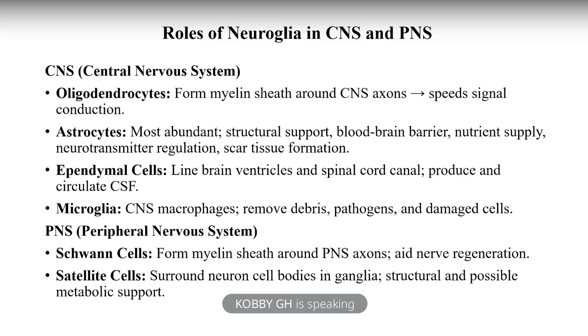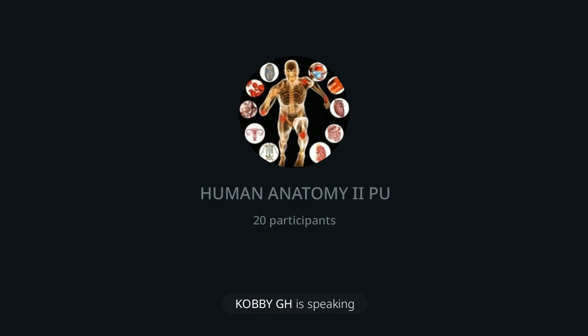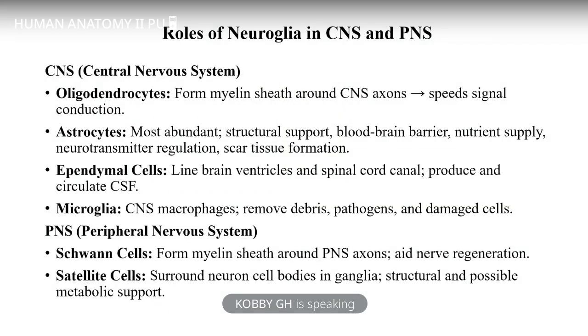Again, we also spoke about the ependymal cells, and we mentioned that when it comes to cerebrospinal fluid circulating in the brain and spinal cord, the ependymal cells play a massive role. And those responsible for removing debris, pathogens, and damaged cells are the microglia cells. They are also within the central nervous system.